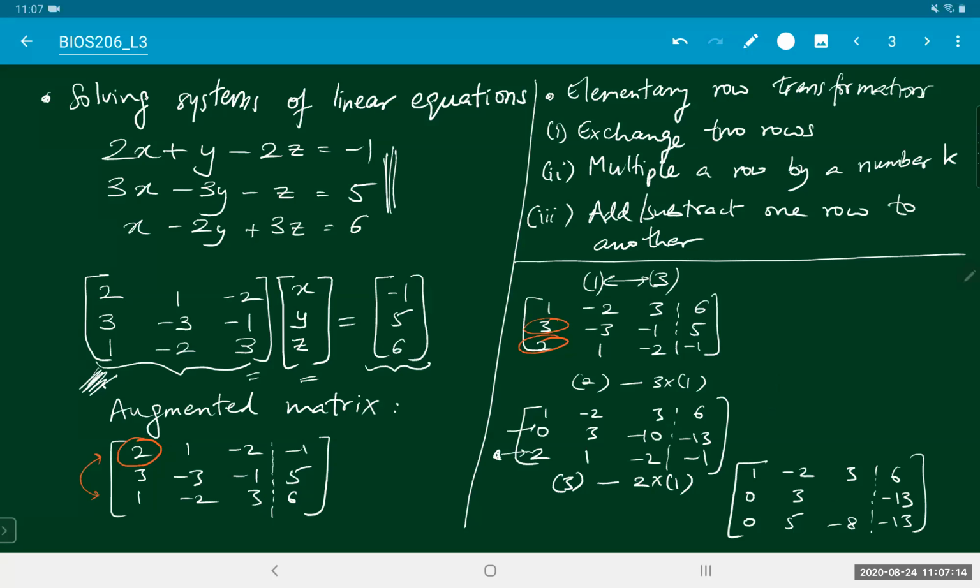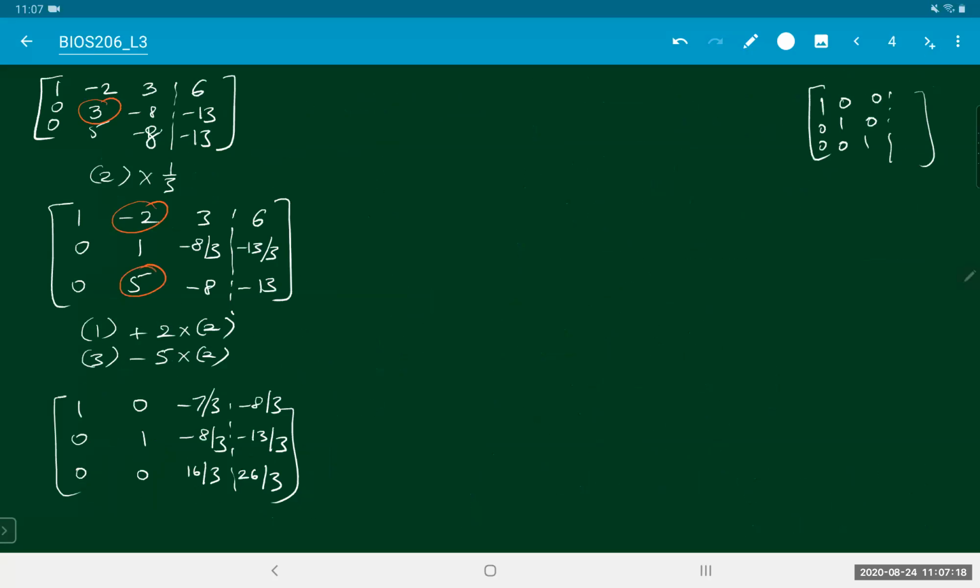Okay, this doesn't change the second row. So now this is 3 minus 20 by 3, which is minus 11 thirds.